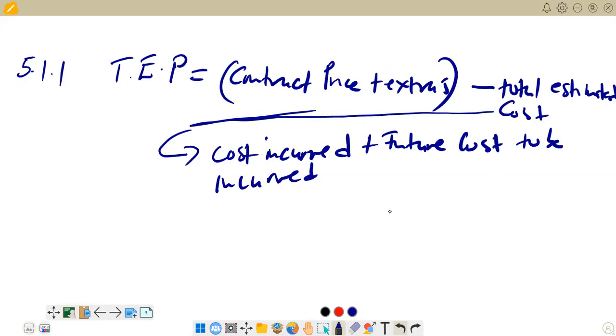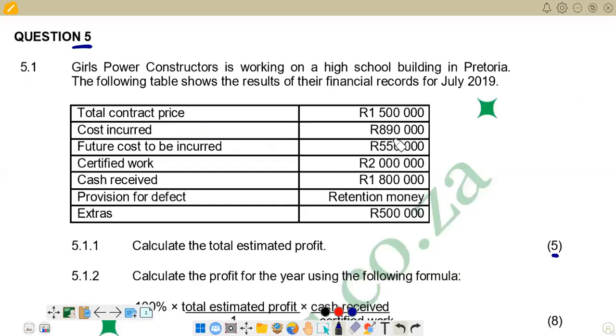So if we go back now to our question, we now substitute these values. We see that our contract price is 1,500,000. Then we have our extras, which we are given here as 500,000, and that is the first part in brackets.